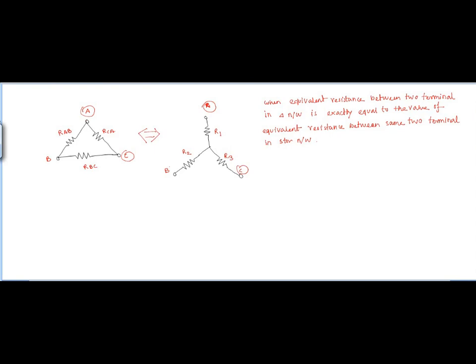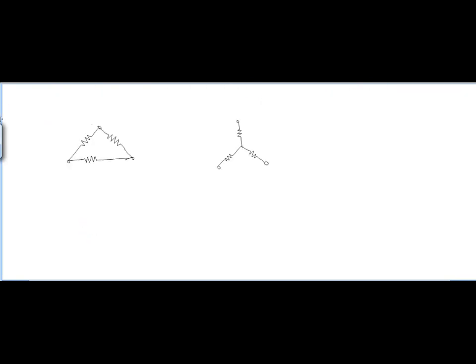Now let us consider two networks, star and delta, A, B, C. Here RAB, RCA and RBC. Let us consider that the value of RAB is 2 ohm. Similarly, the value of RBC is 4 ohm. Similarly, the value of RCA is 6 ohm.